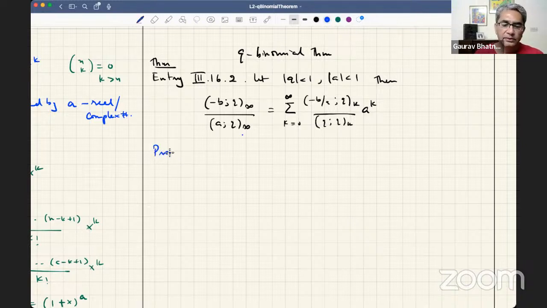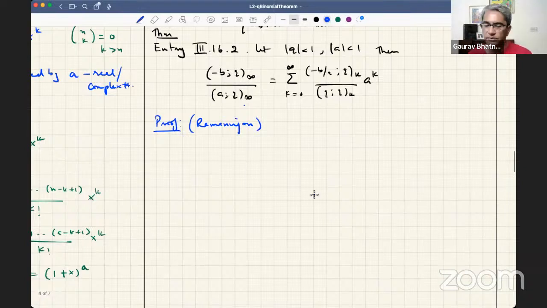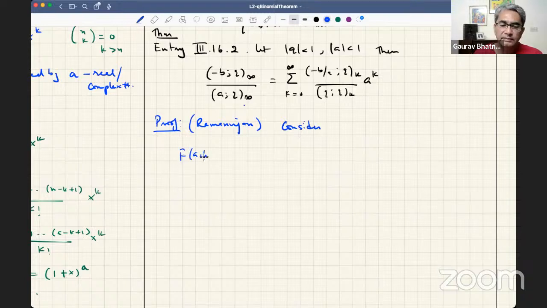All right, so the proof is due to Ramanujan. In my notes, I'll give a reference. It's actually within one of his published papers. He needed this result, so he proved it. Consider this function F(a,b,z) equal to bz q infinity over az q infinity.